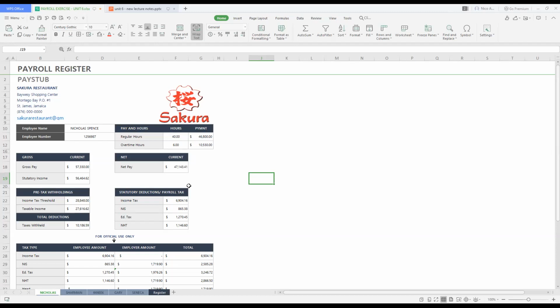The first one that we're going to take out is NIS. We know that NIS is 3% of gross pay.